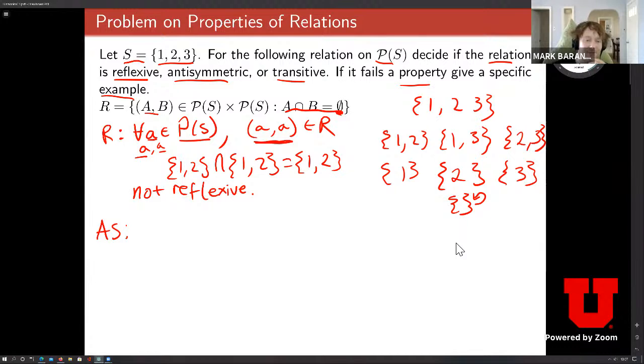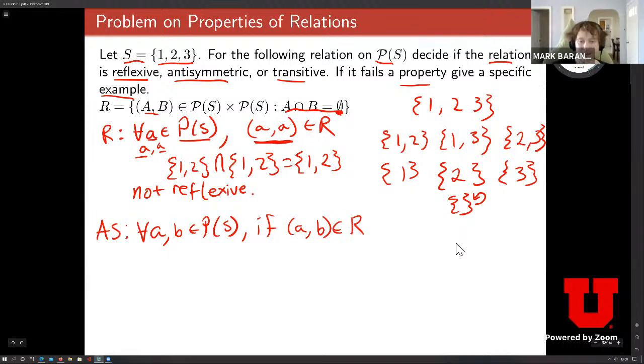To put that more formally, for all A, B in the power set of S, if (A, B) is in the relation and A does not equal B, then (B, A) is not in the relation.